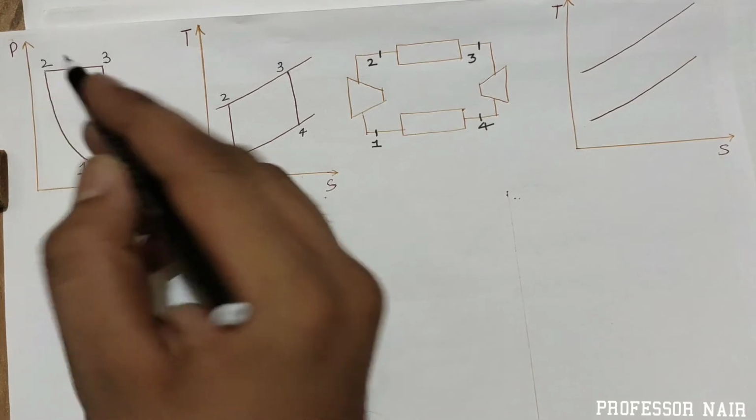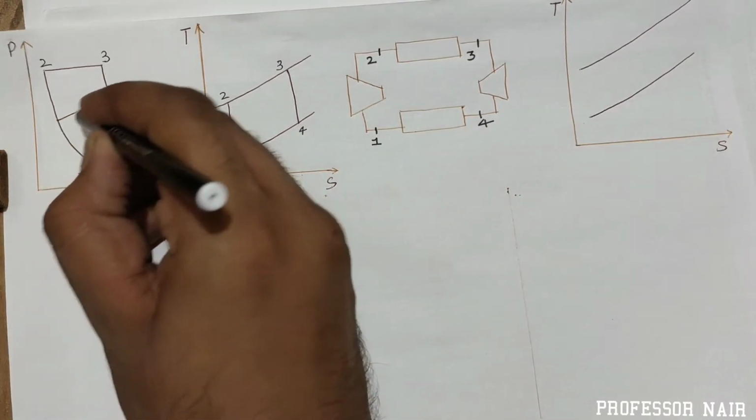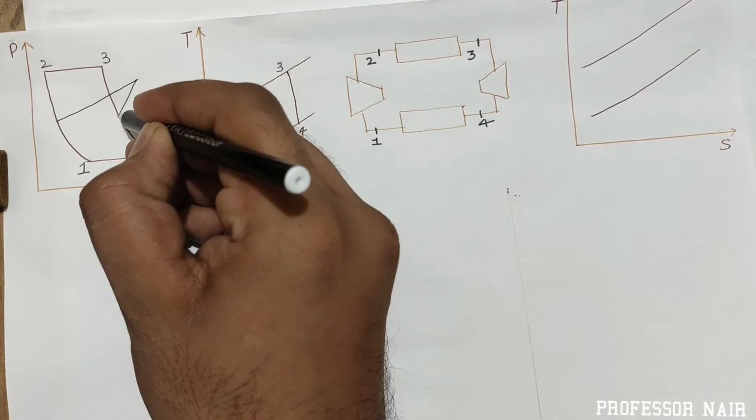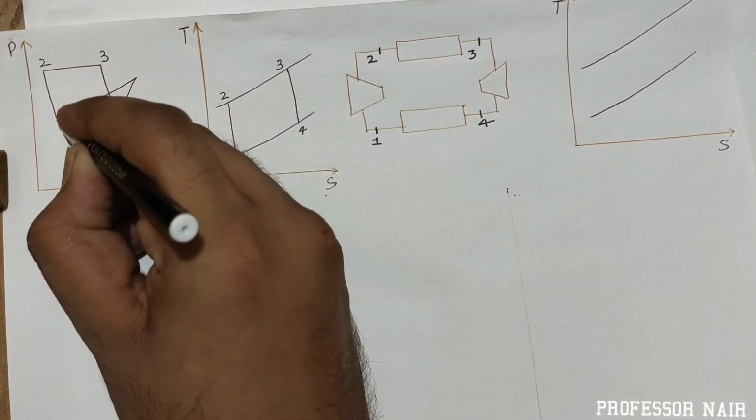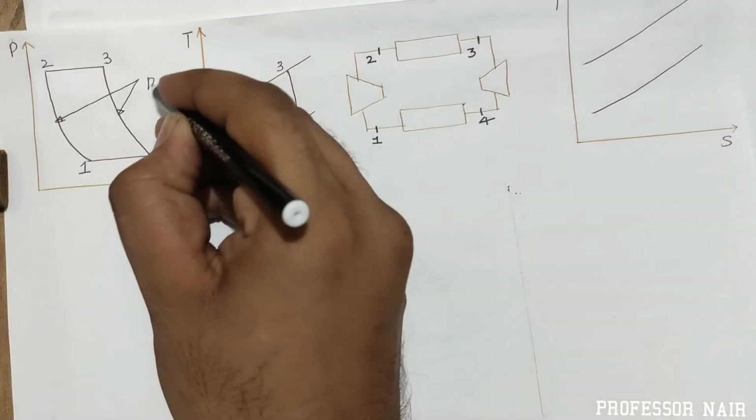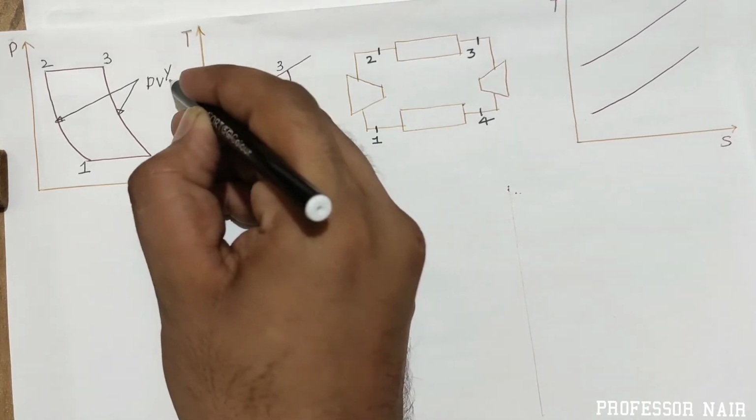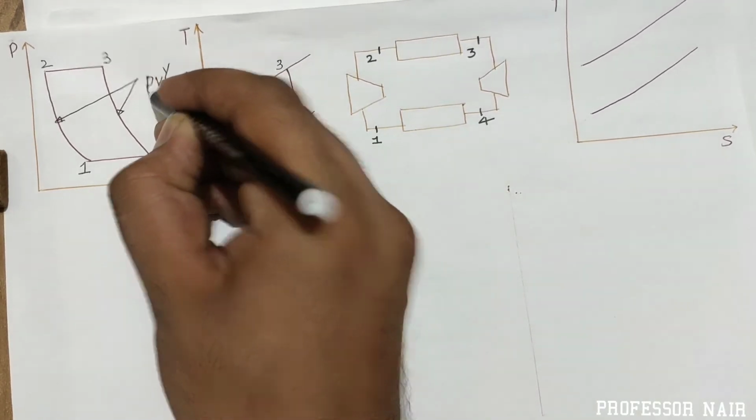Process 1 to 2 is reversible adiabatic compression, and 3 to 4 is reversible adiabatic expansion. So we all know that it is denoted by PV raised to gamma equals C, right?